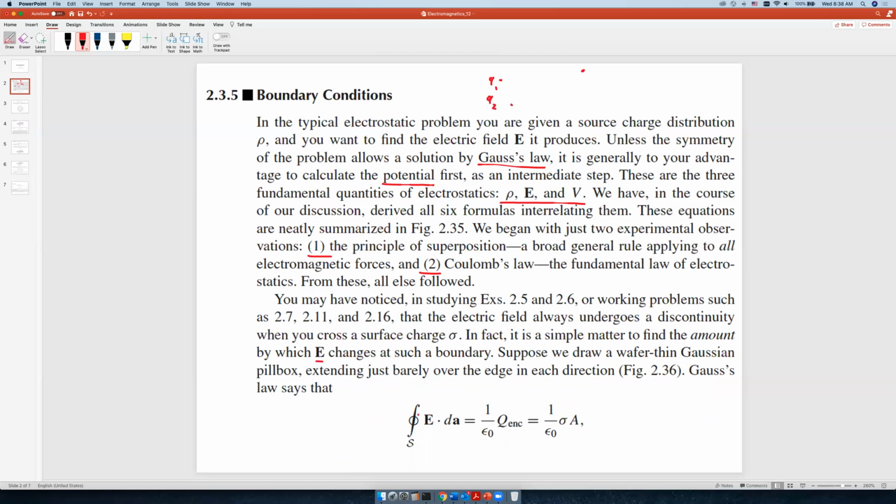So the surface integral of E over the whole pillbox equals 1 over epsilon times Q, which is the charge. And Q can be written as sigma times A. Sigma is the charge density, A is the area.